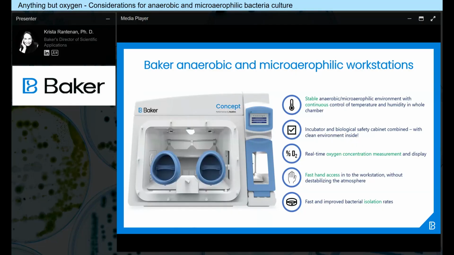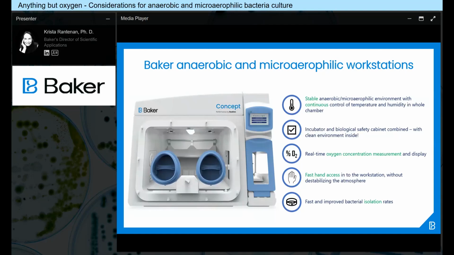Here in the picture you see a closed system. It is designed to have a precision controlled environment inside. This environment is both temperature controlled and gas controlled for the anaerobic or low oxygen environment.